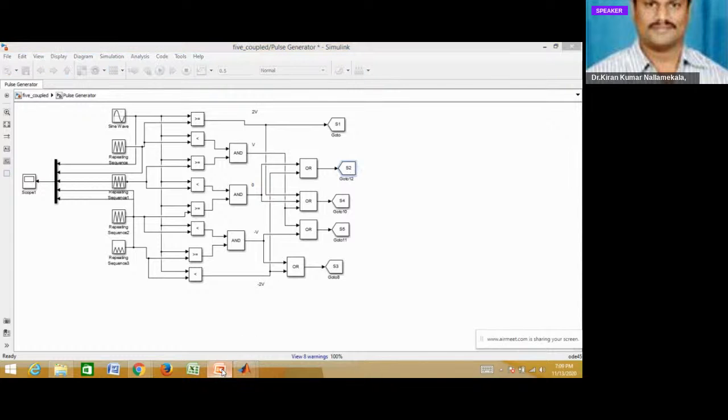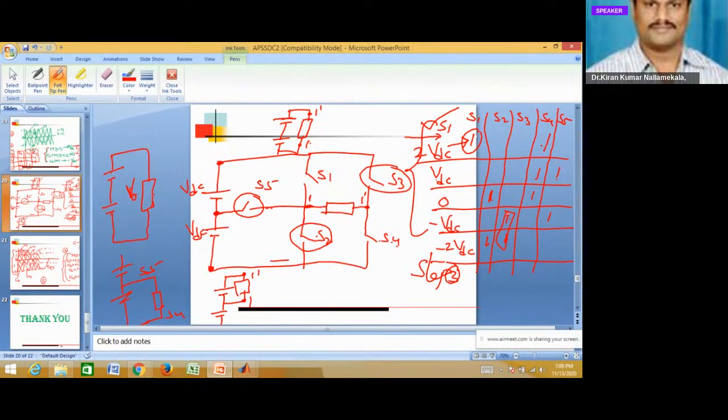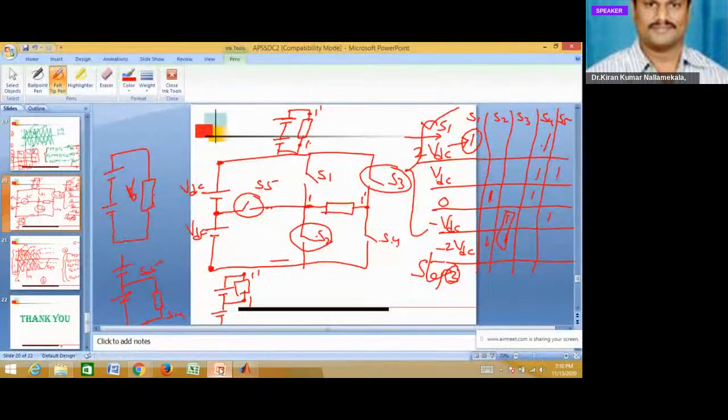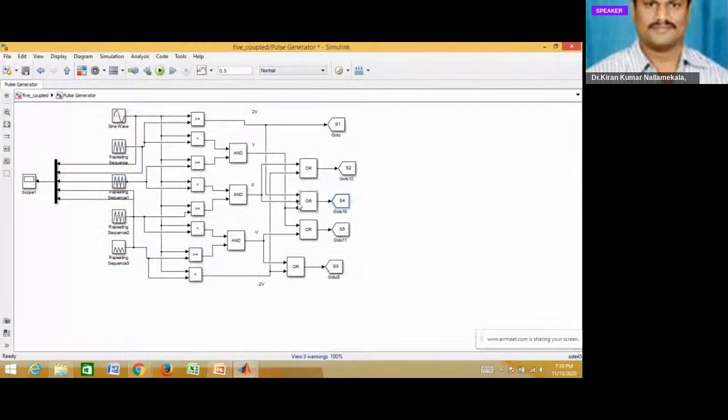Coming to S3, S3 gets minus VDC and minus 2 VDC. See, minus VDC is given, minus 2 VDC is given, so this is given to S3. Coming to S4, S4 gets 2 VDC, VDC and 0. See, this is 2 VDC, this is VDC, and this is 0.